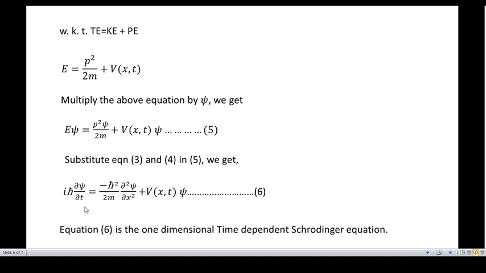Hope you understood why we call it the time dependent Schrodinger equation. This can be understood from equation 6. So this equation 6 is an important equation called the one-dimensional time-dependent Schrodinger equation.